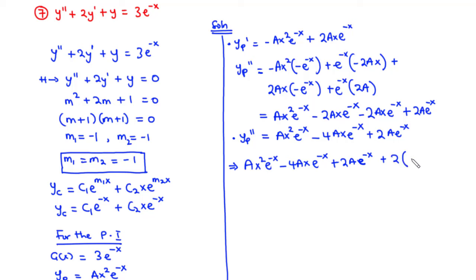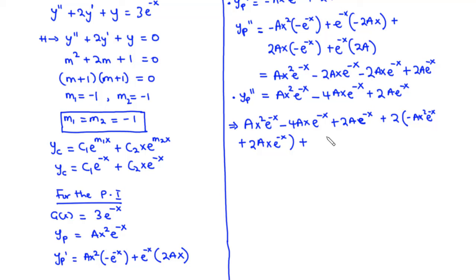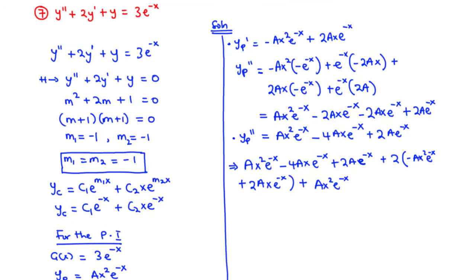Y prime, we have negative ax squared e to the power negative x plus 2ax e to the power negative x, plus y, which is ax squared e to the power negative x, and that's equal to 3 e to the power negative x.